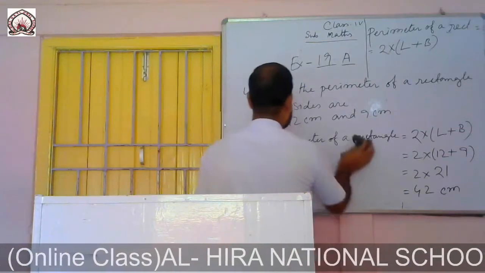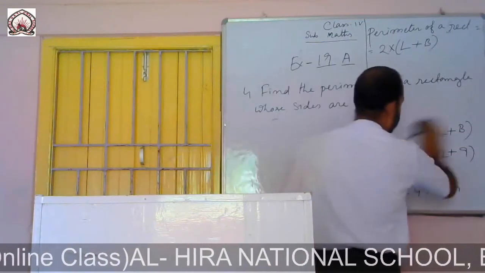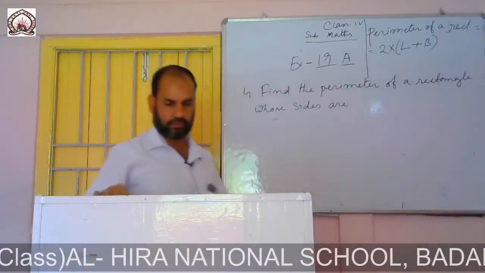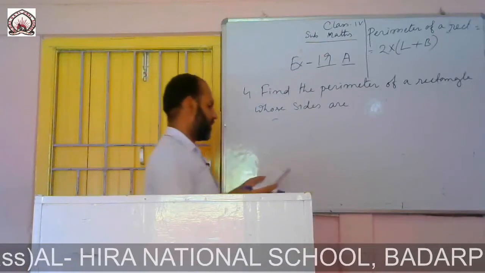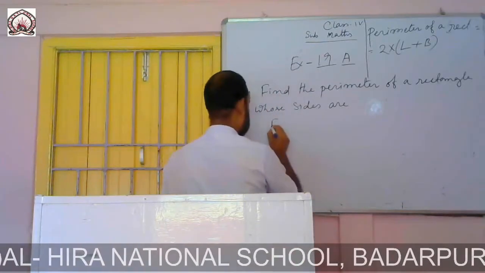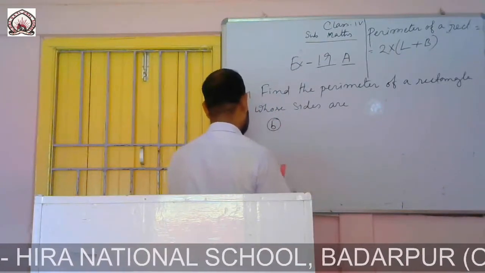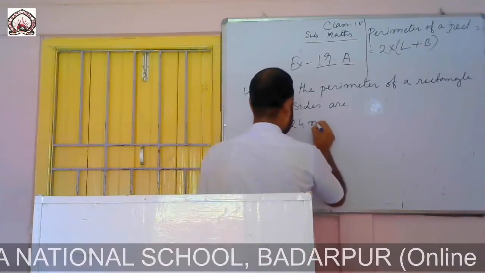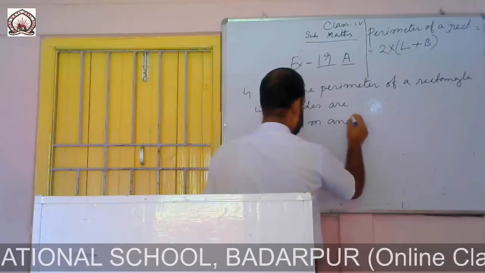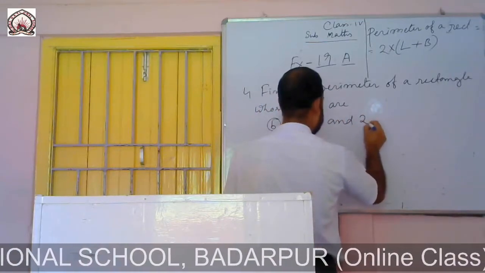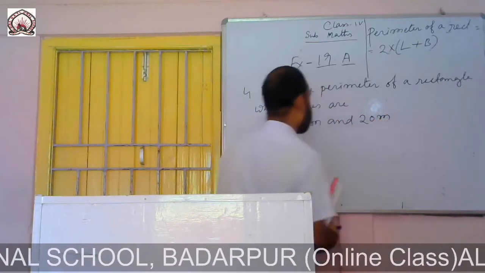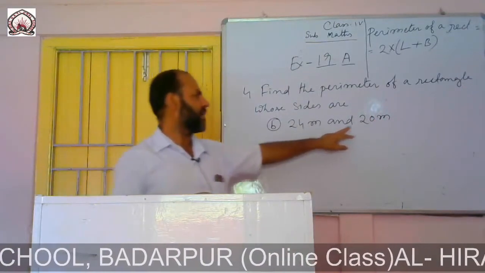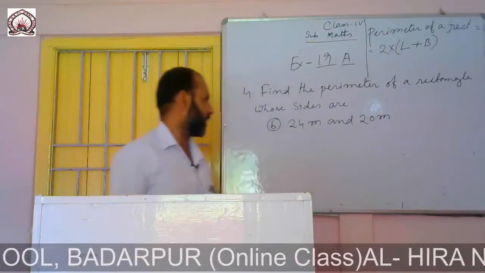Question number next, B. 24 meter and 20 meter. So here length equal to 24 meter and breadth equal to 20 meter.